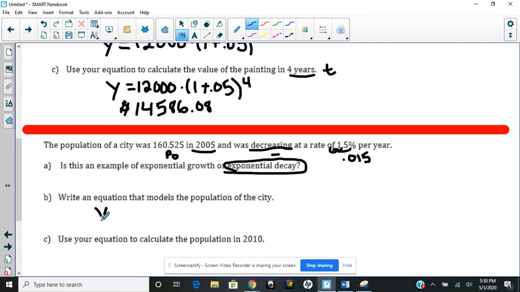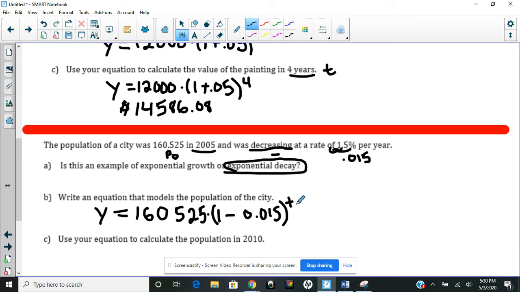So we're going to say y equals our initial amount, 160,525, times 1 minus, because it's decay, 0.015, and I'm still putting my t up in the exponent.